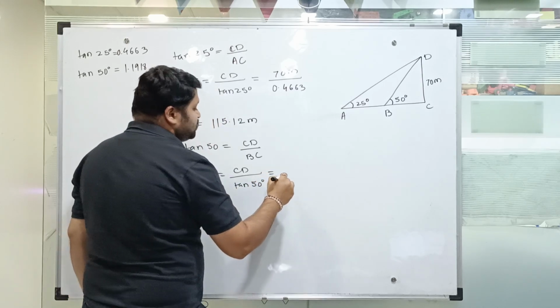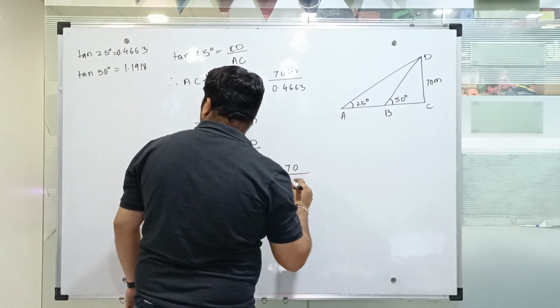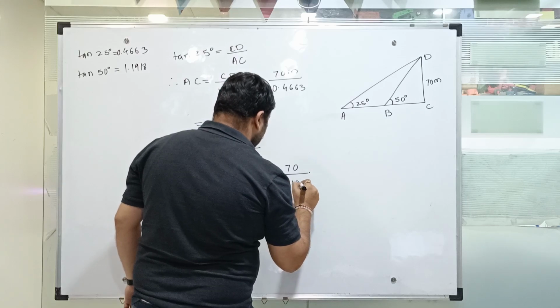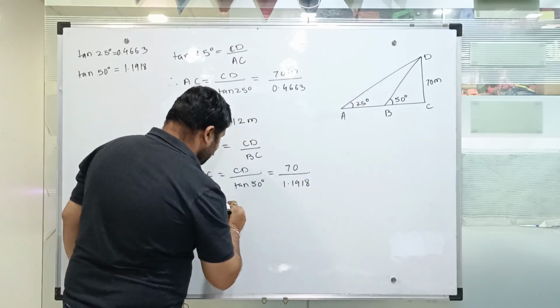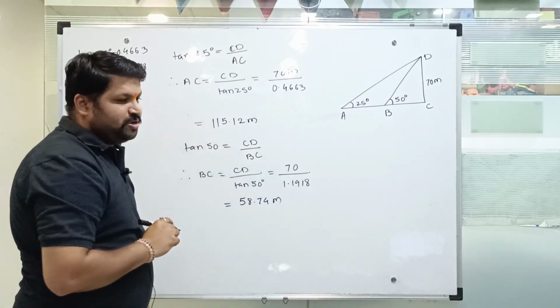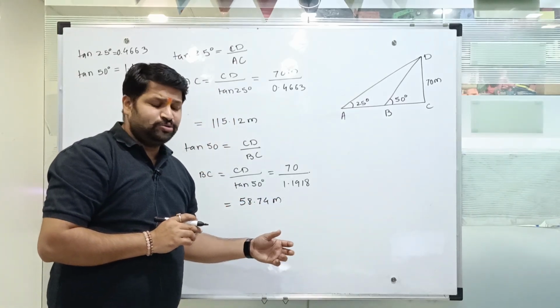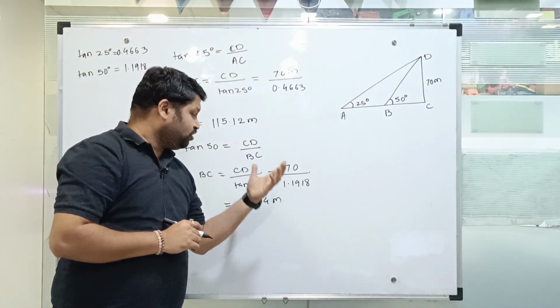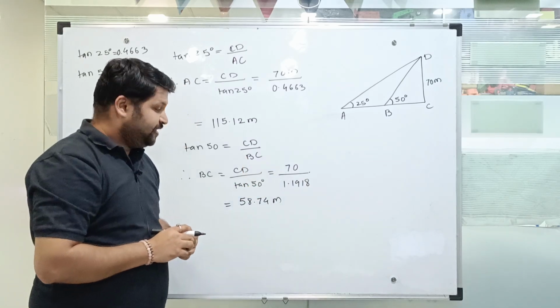So that is 70 divided by 1.1918, giving me the final answer as 58.74 meters. Now I have got approximate values. If you use a calculator, obviously the values would vary.